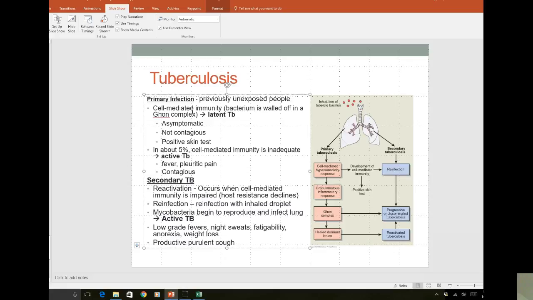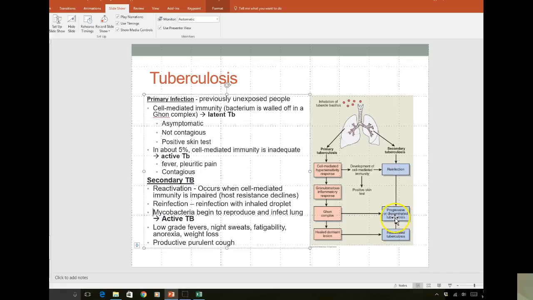Secondary TB occurs either if you get reinfected again, or you have reactivation of a healed dormant lesion from a previous infection. And this reactivation can occur if your immune system declines for any reason.